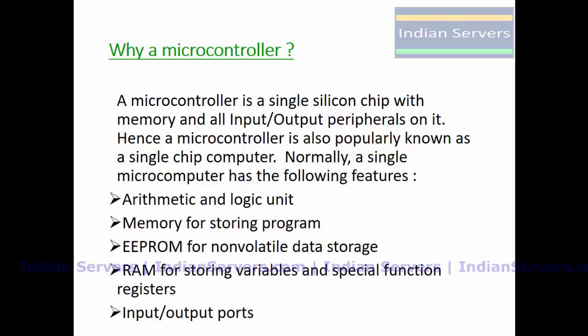Also, a microprocessor has the flexibility to increase or decrease the size of memory. For example, if you open your CPU cabinet, there is a motherboard to which a processor is attached. All the devices like hard disk, RAM and other input output devices are connected externally to the microprocessor.